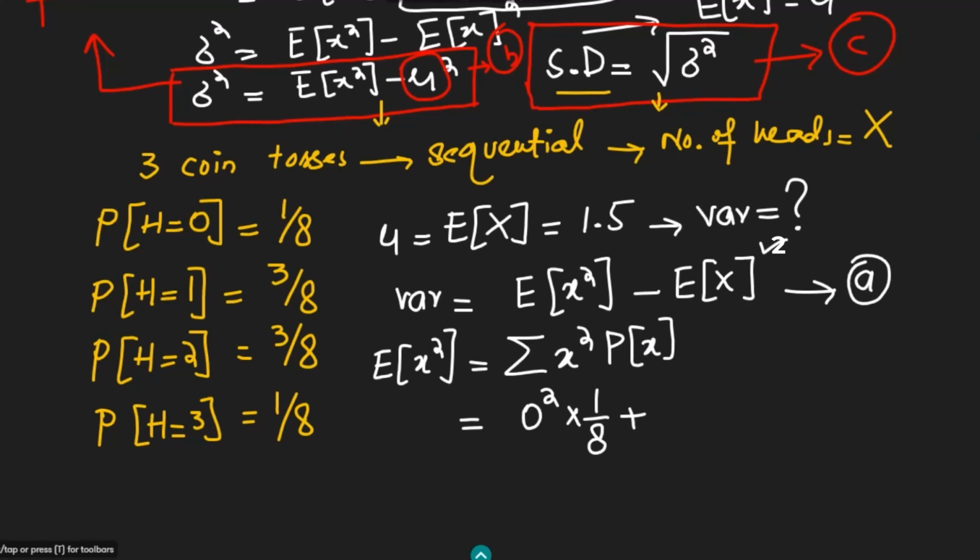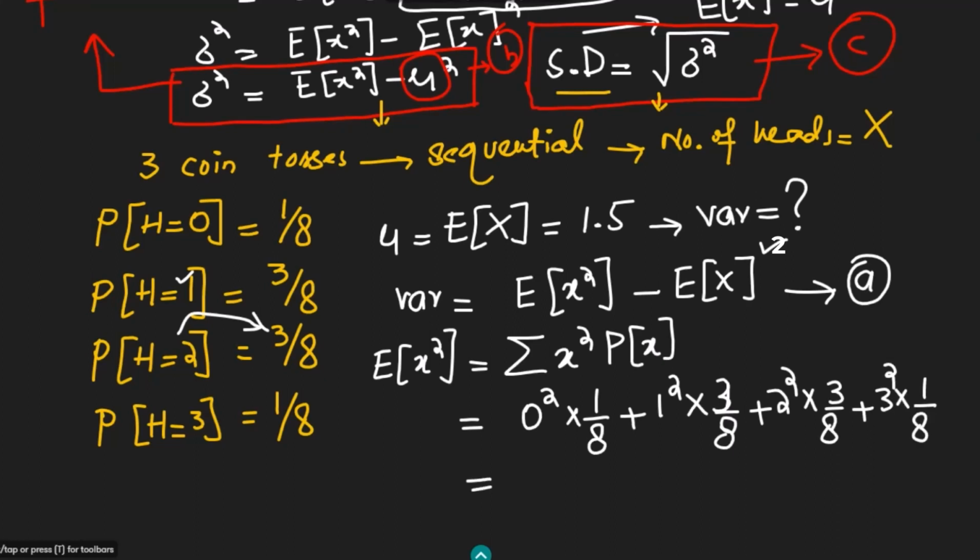Similarly, for the second value, 1, we take the square of it and multiply it with its probability, which is 3 by 8. For the third one, we have 2 square multiplied by 3 by 8, which is the probability given here. And for the last one, we have 3 square multiplied by 1 by 8.